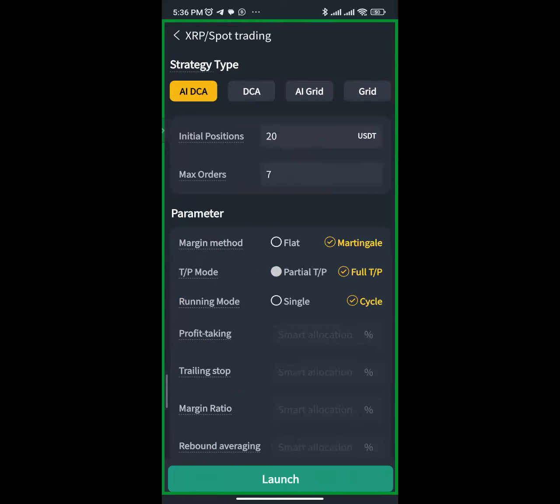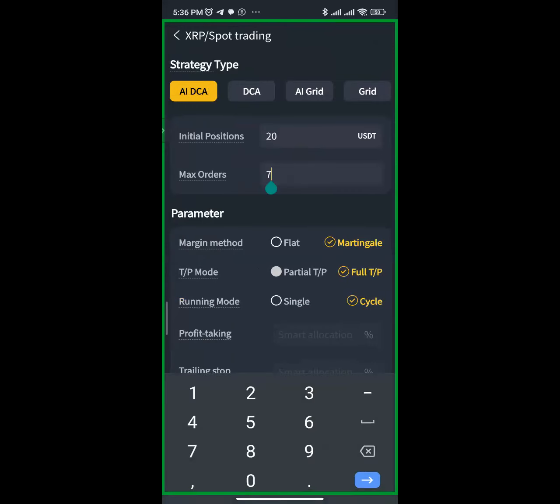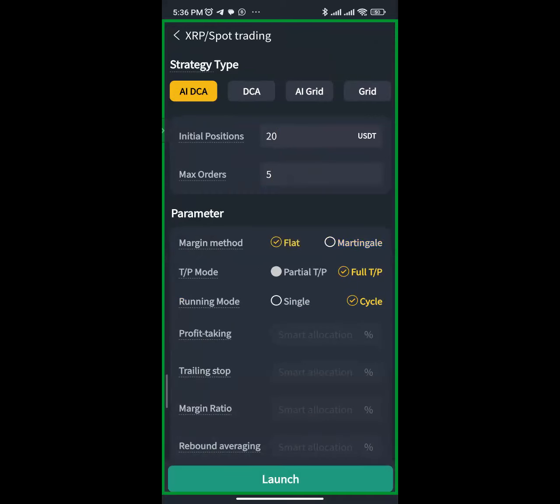If you have $100, you probably need to trade 5 orders using $20. So it means your robot will buy into this market 5 times, and you have to use the flat margin method, so that it doesn't use the martingale, because the martingale means you doubling your trade.